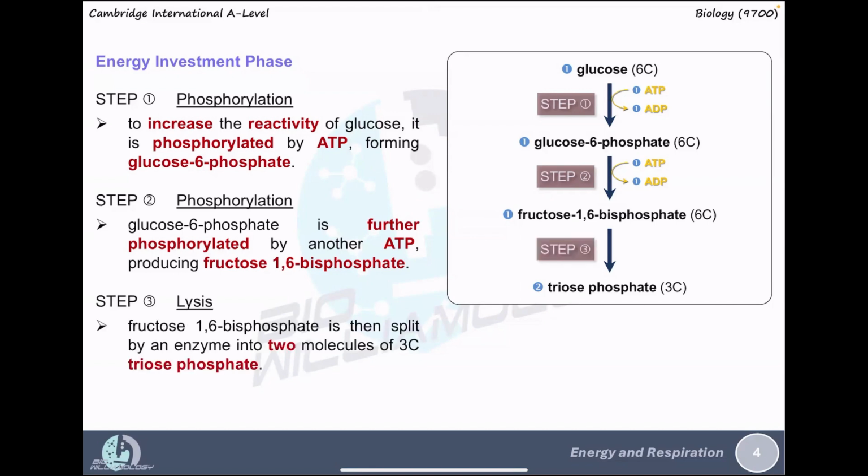So step 3 is termed lysis, where fructose 1,6-bisphosphate is split by the enzyme to form two molecules of 3-carbon triose phosphate. That marked the end of the energy investment phase, where two molecules of ATP are used to phosphorylate the glucose molecule to form triose phosphate.